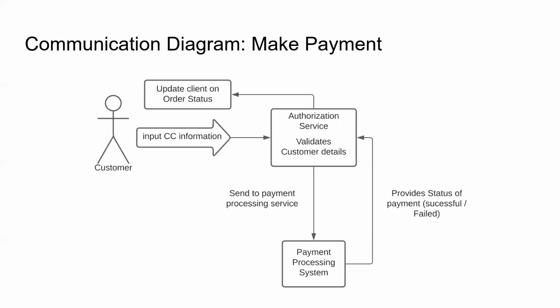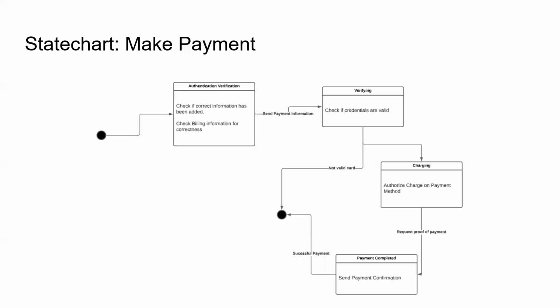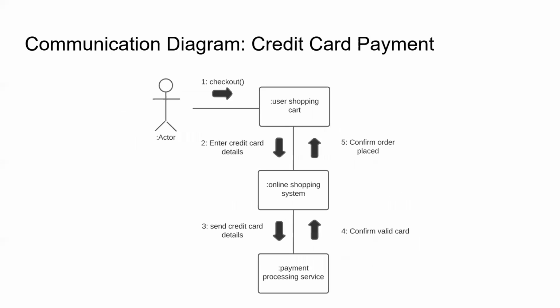And here's the make payment, where the customer inputs information and then receives the order status. And then the state chart for the make payment, going into the authentication verification, the verifying, the charging, and the payment completion.